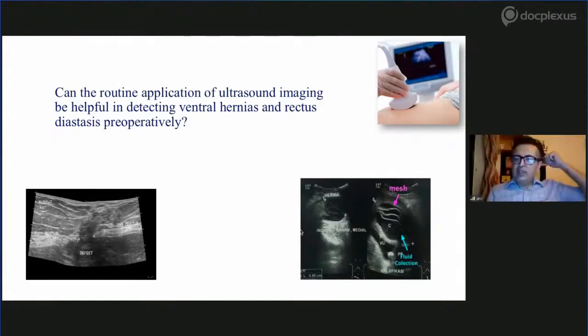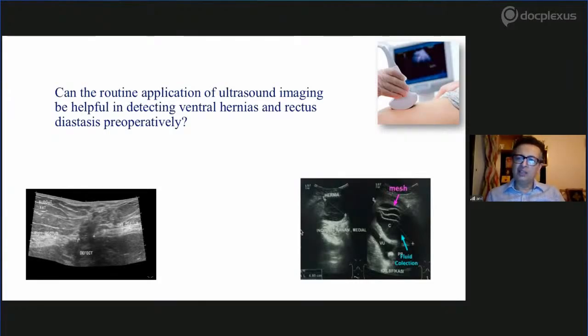Yeah, see, as I was saying, this is something we are in fact learning of late, to be wary about ventral hernias and rectus diastasis coexisting in the same patient.